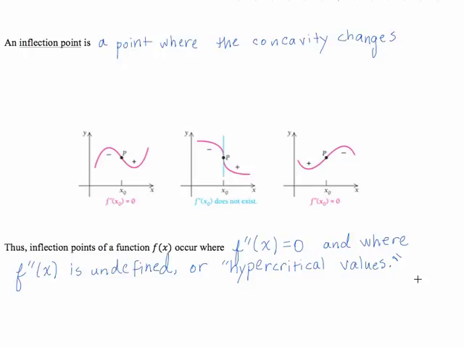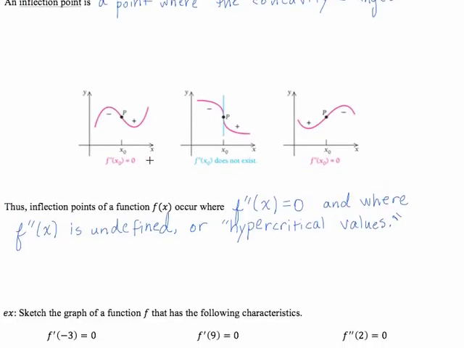So if you have, for example, a rational function that maybe has an asymptote or a hole, you would also need to check to see if concavity changes at those places. Although if a function is undefined at a point, you certainly can't have an inflection point there. So inflection points are points on a function where the concavity changes, but the concavity could also change at places where the function is undefined.